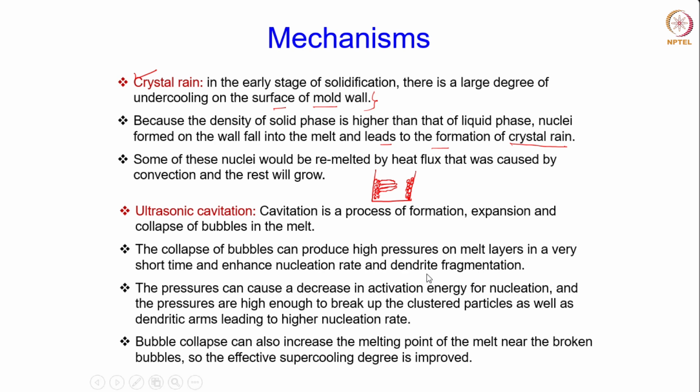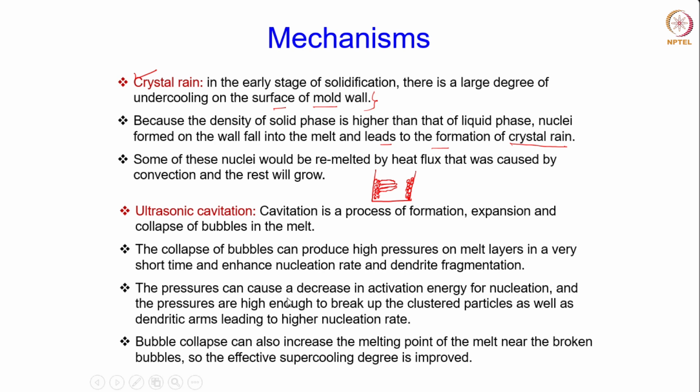Okay, we have seen before, higher the nucleation rate, finer will be the grain size, and just now we talked about the dendrite fragmentation, which leads to grain refinement. Okay, so this collapsing of bubbles due to the cavitation that is achieved by ultrasonication will actually lead to high nucleation rate and dendrite fragmentation, which ultimately will give rise to grain refinement.